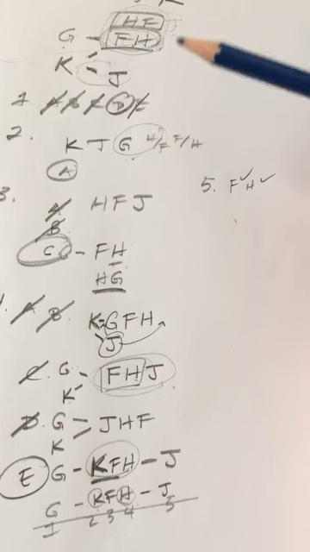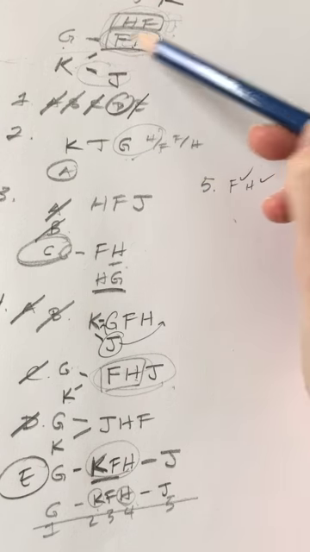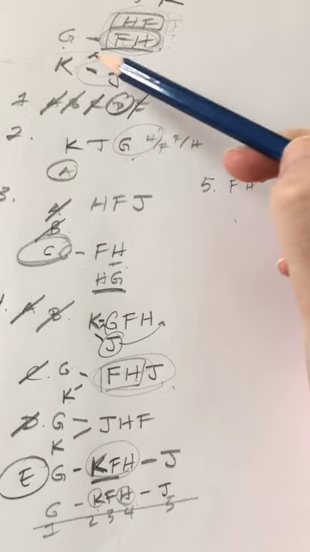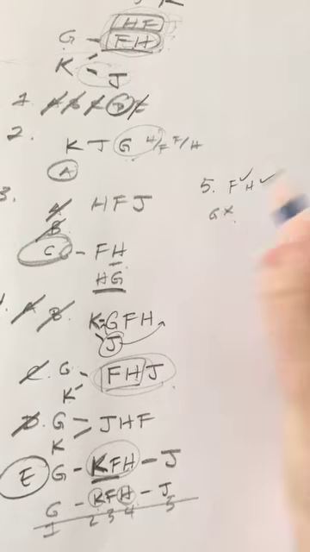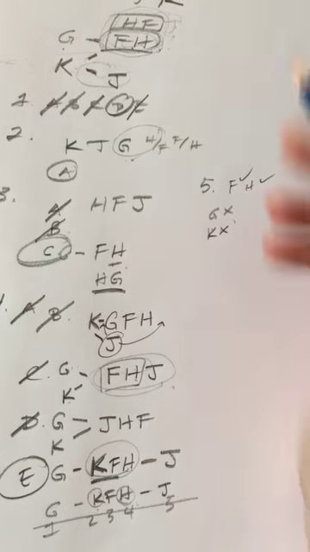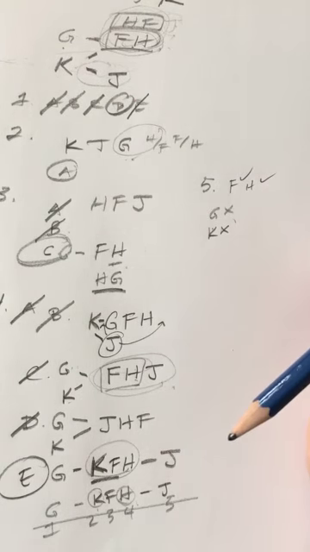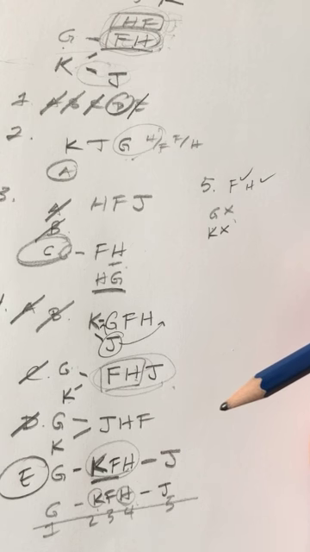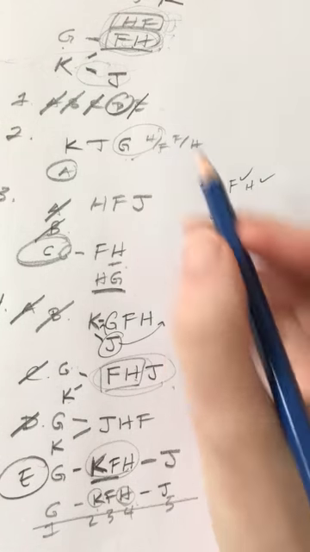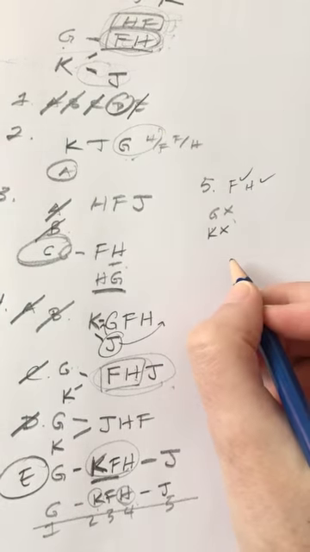So could G be fourth? Has 2 players after it? No. Could K be fourth? It has 3 players after it? No. Could J be fourth? So J has to be after K, right? But then some player would have to be after J, right?